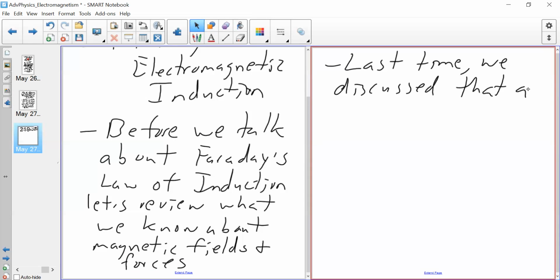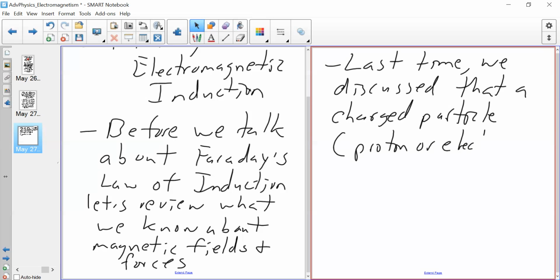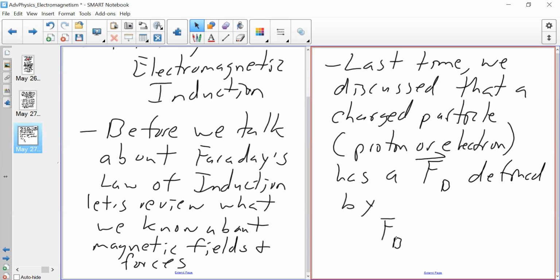We discussed that a charged particle, proton or electron, positive or negative charge, and our symbol for magnetic force, defined by qV cross B. The magnetic force, the velocity, the magnetic field are all perpendicular to each other, three-dimensional.